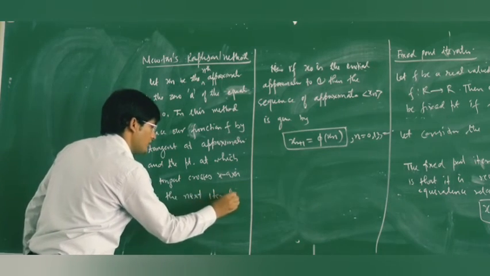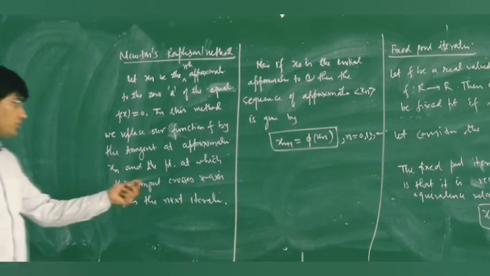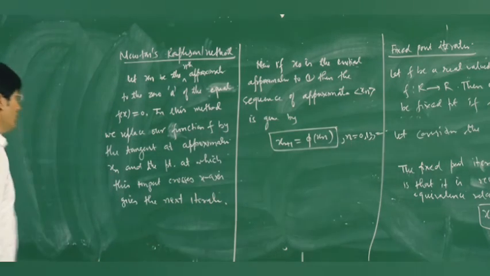So the point at which your tangent crosses the x-axis gives the next iteration.